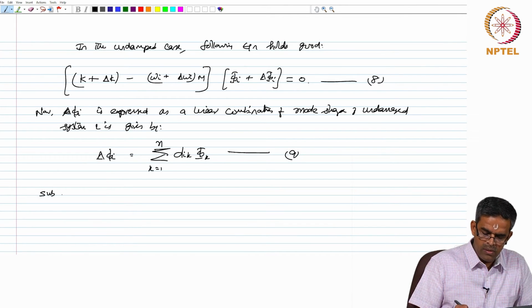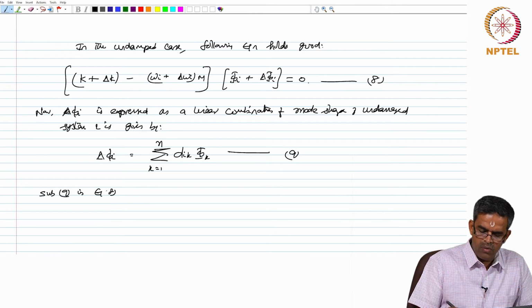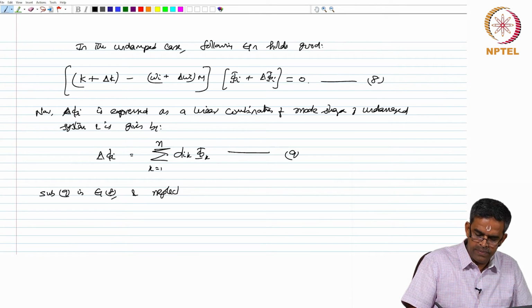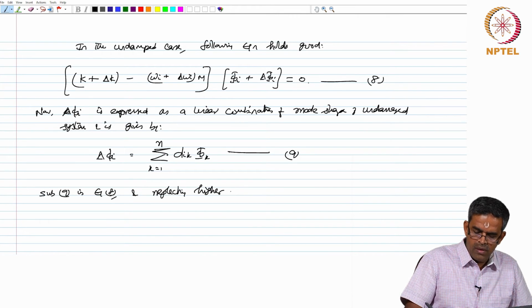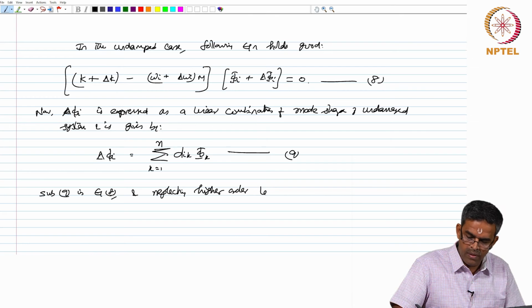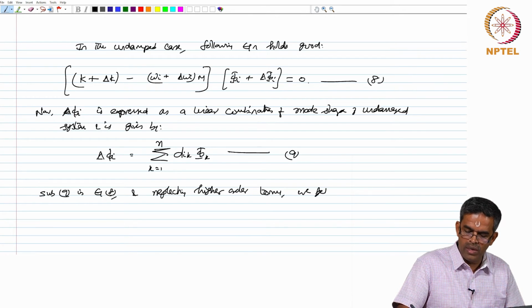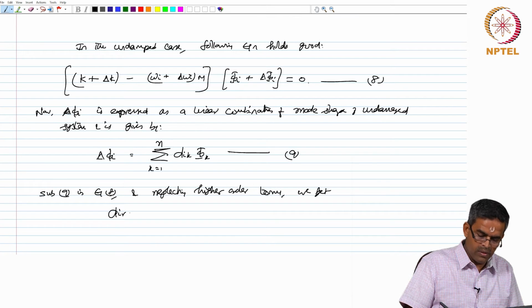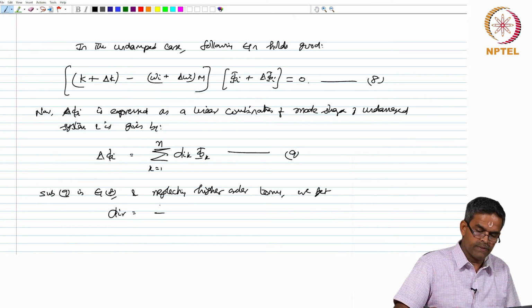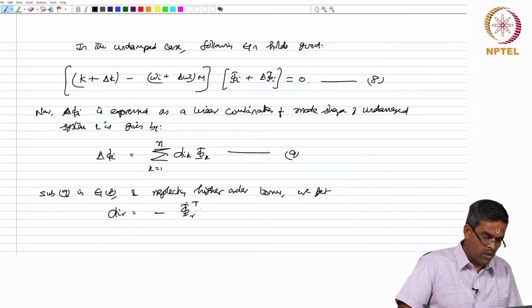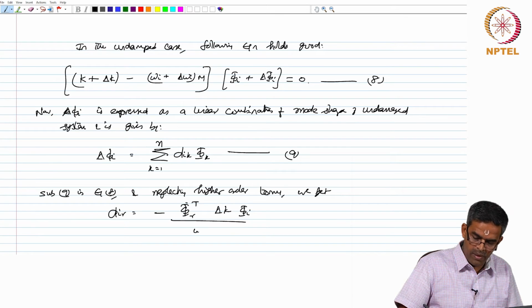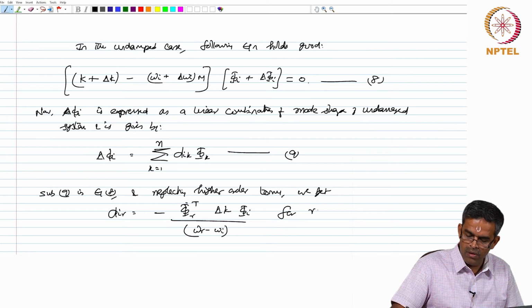Now substituting equation 9 in equation 8 and neglecting higher order terms, we get delta phi I is minus phi r transpose delta K phi I by omega r minus omega I for r not equal to I.